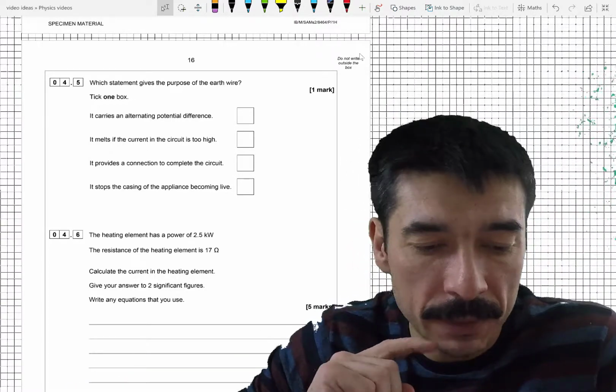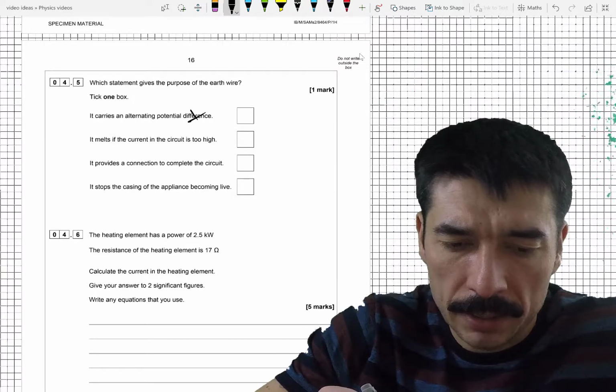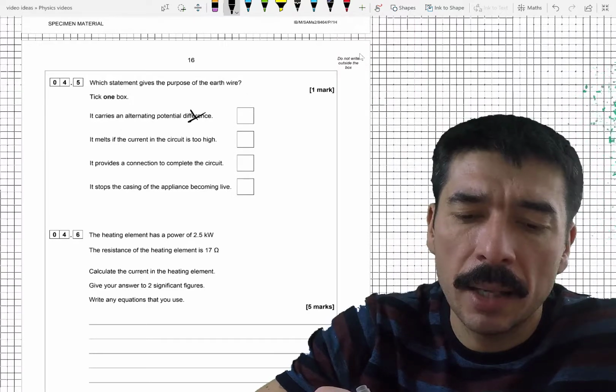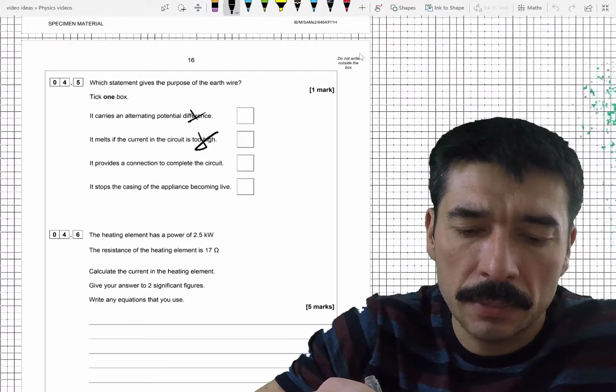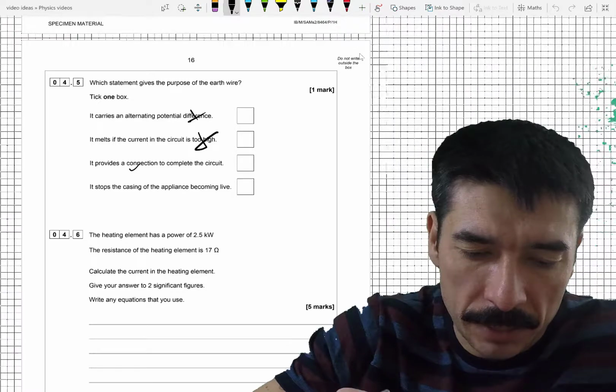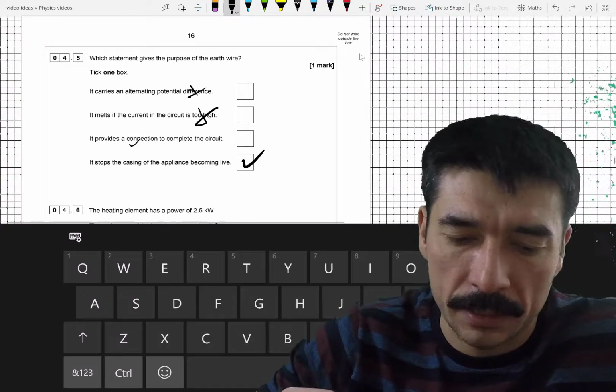So it's going to be something to do with that. It's not that. It melts if the current in the circuit is too high. No, you don't want the earth wire melting. It provides a connection to complete the circuit. Well, it does do that, so that's a potential. It stops the casing becoming live. It's that one. That's the one.